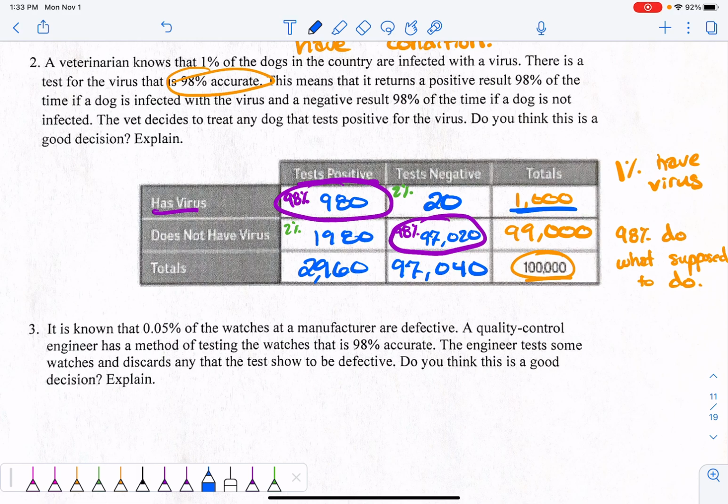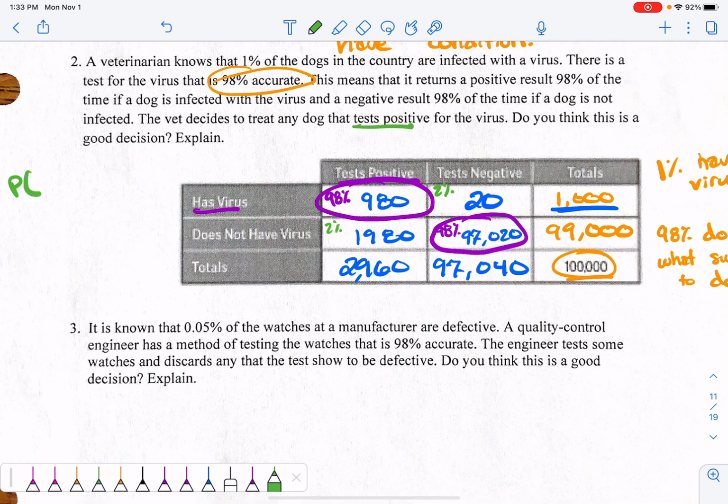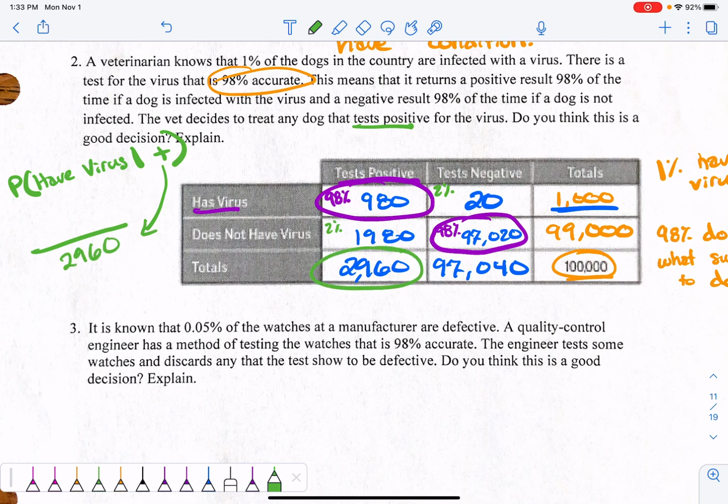Then let's look at what they are asking. The vet decides to treat any dog that tests positive for the virus. So let's look at the probability that they actually have the virus, given they test positive. Now we're looking at just the positive testers. Positive testers is 2,960, and of those, how many actually have the virus? 980.